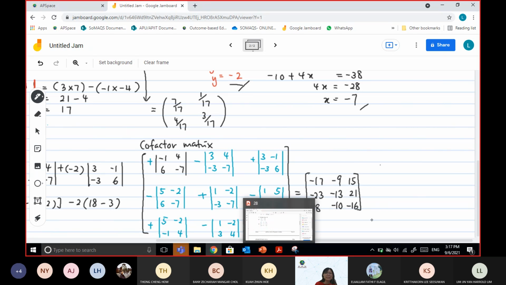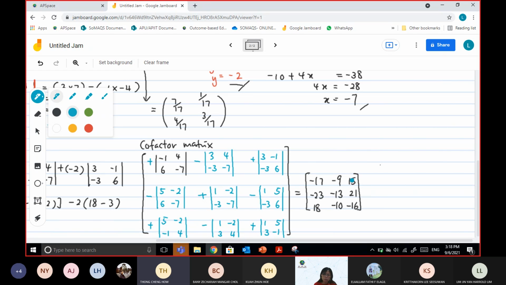Students, do you get the same answer for the cofactor? Miss, I get 9 instead of negative 9, and 23 and 13 instead of the negative. So you see the differences here.